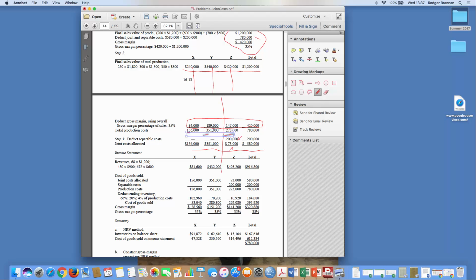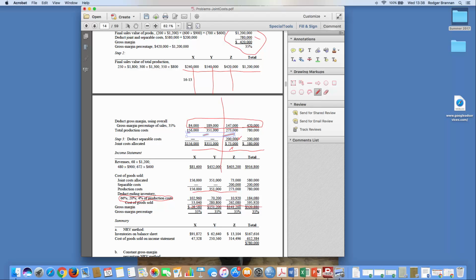But here are my total costs that I'm allocating to each product. And I go back to those percentages. That is my ending inventory. So if my total cost is 156, my ending inventory is that amount, my cost of goods sold is that. And therefore, at that level of sales, and again, the level of sales will not affect gross margin, it doesn't matter. Each product will generate 35% gross margin.